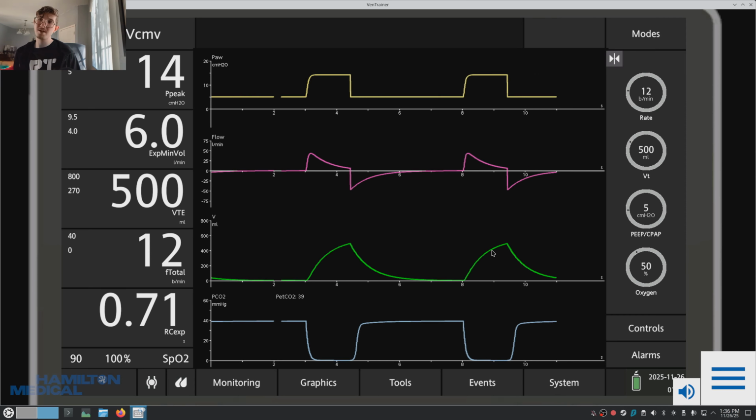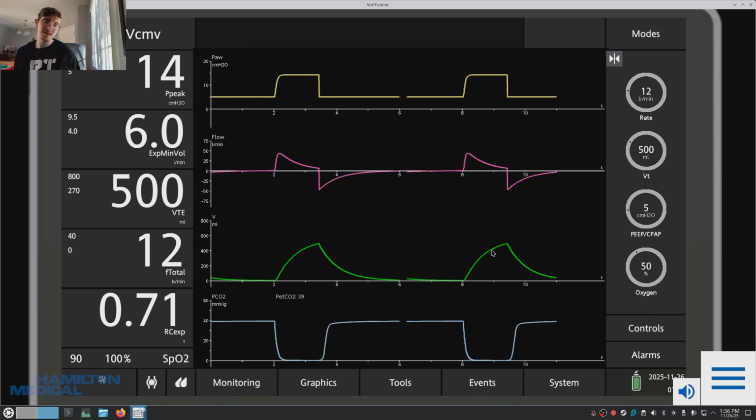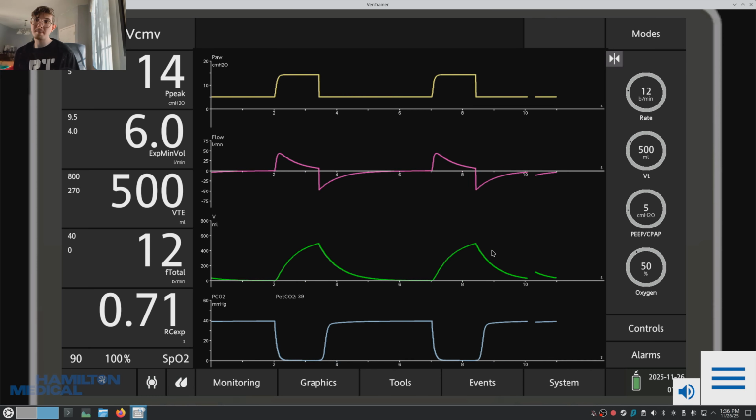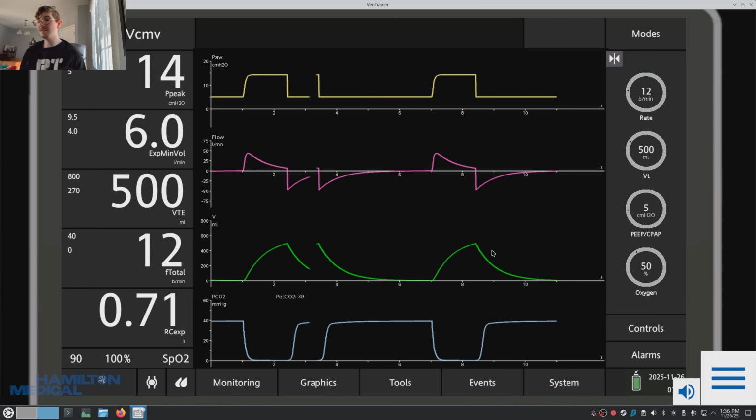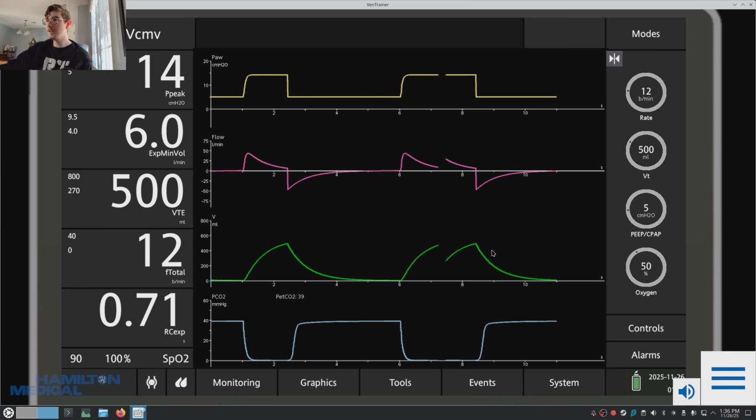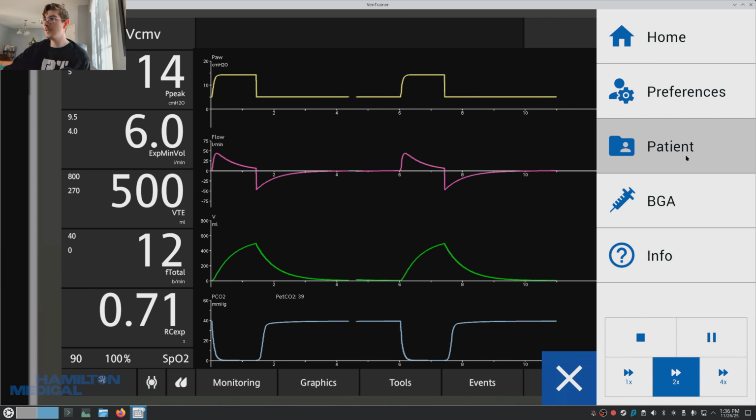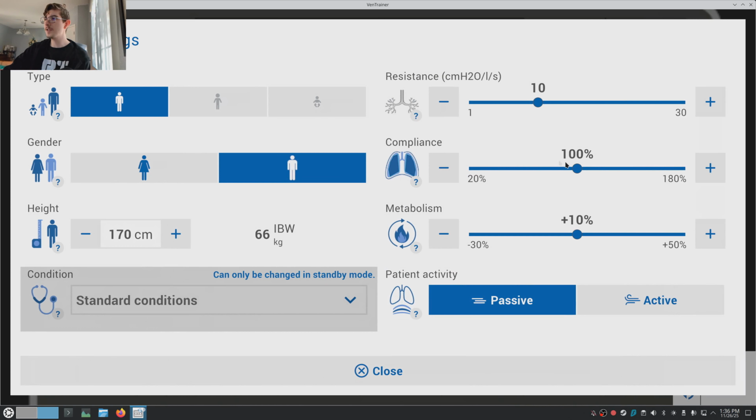Does that mean PRVC is bad? Once again, no. It becomes very bad if they become dyspneic. Now, I can't demonstrate that to you because actually I kind of can. So if I increase the compliance, that is obviously not the same thing as a patient taking in a negative pressure breath, but it can be kind of similar because the patient is basically contributing to tidal volume generation.